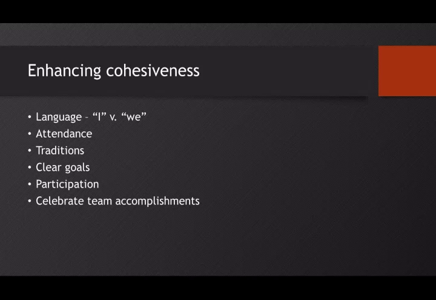The first is the language that you use within the group, and this is one important aspect that has to do with verbal communication. The semantics, the actual meaning behind the words we use, can make a difference. So we definitely want to use we language, ours, bringing the sense that we're all together in this. This is definitely important to promoting this sense of unity.